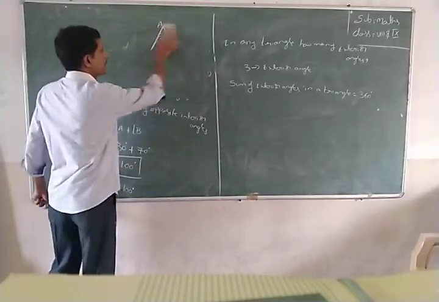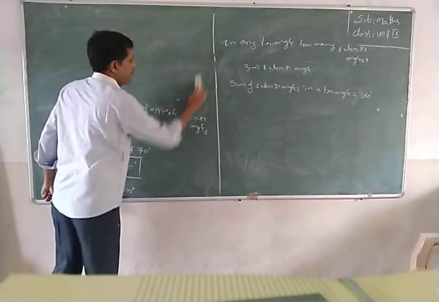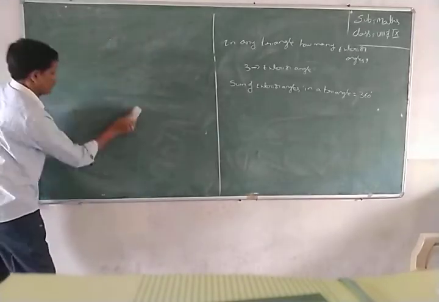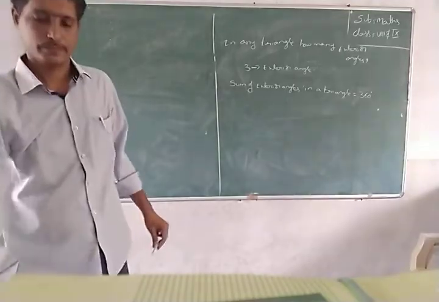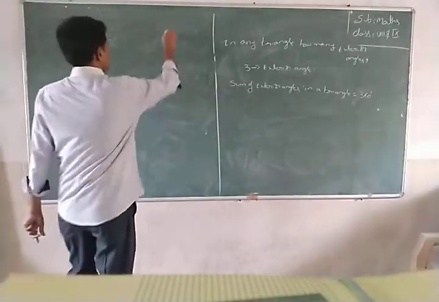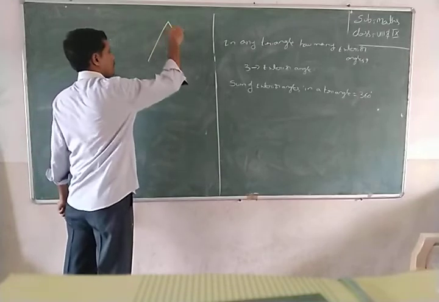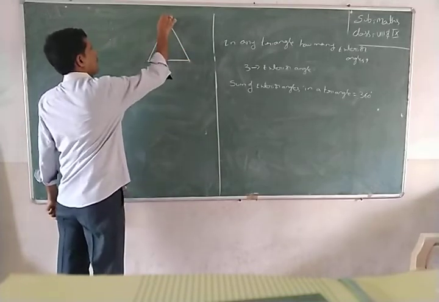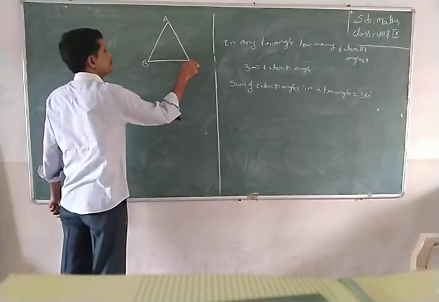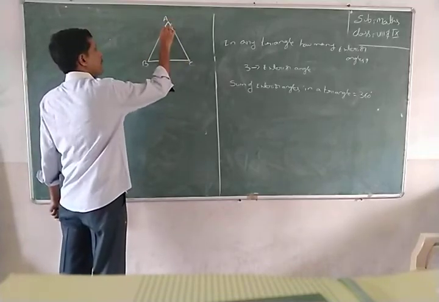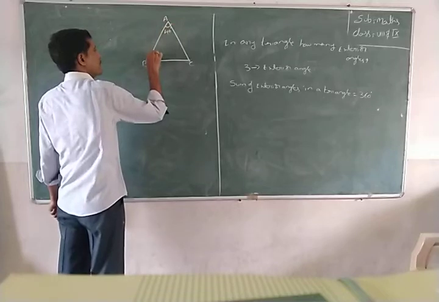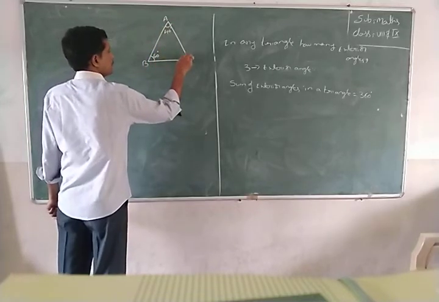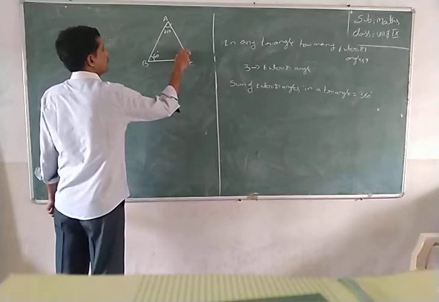Already we have discussed in the previous class problems based on that. Here A, B, C. Here this angle is 40 degrees, this angle is 60 degrees, and this angle is 80 degrees is given.